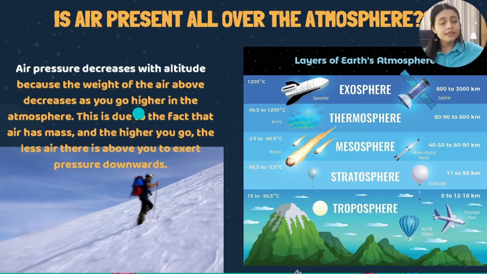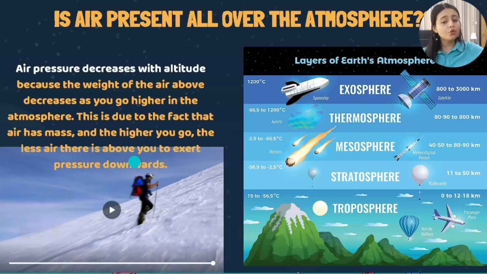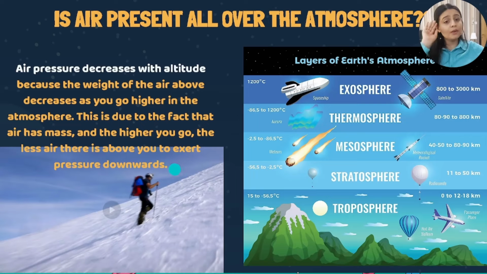The atmosphere is the huge blanket of air which covers the Earth. This is due to the fact that air has mass and the higher you go, the less air there is above you to exert pressure downwards. The higher you go, the less pressure is exerted on you because the air pressure is low.